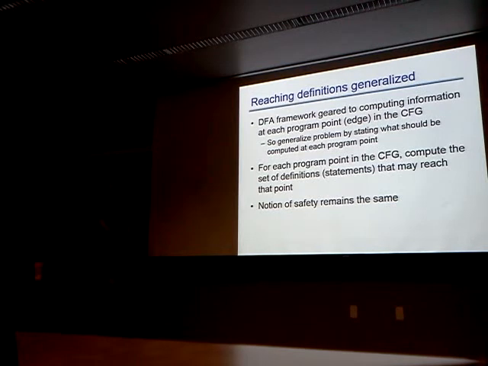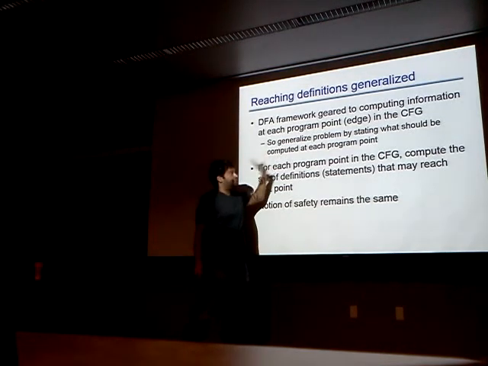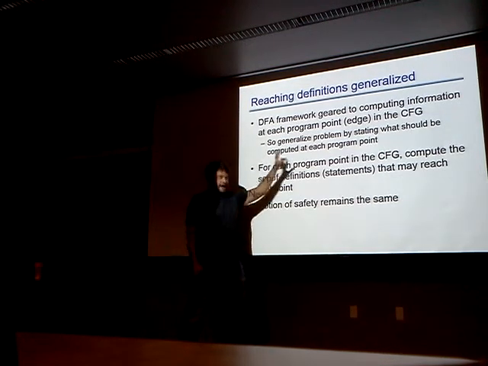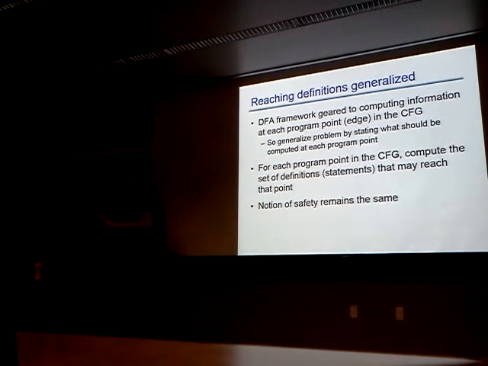A program point in a control flow graph is just an edge in the control flow graph, a point between two states. So our data flow analysis framework will compute for every edge in the control flow graph some piece of information about the program. That's how our framework will be set up.